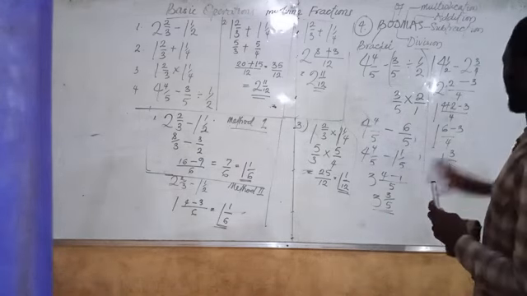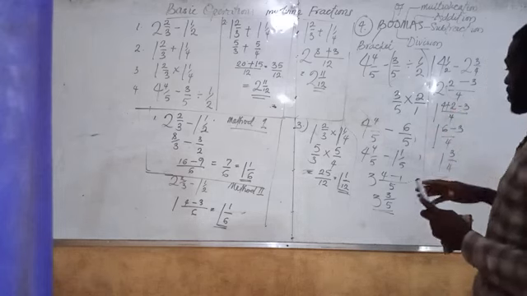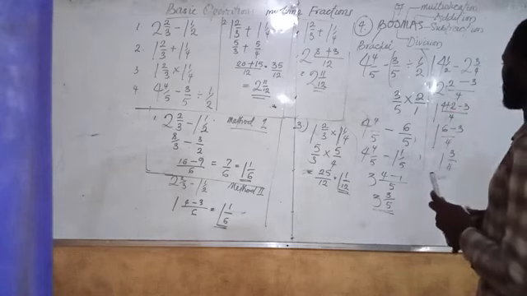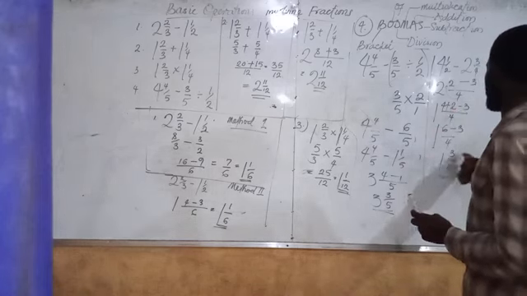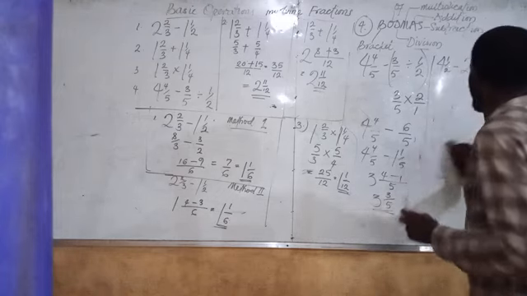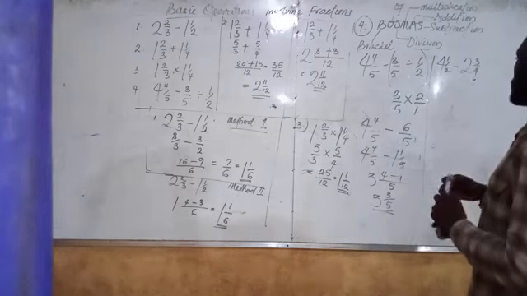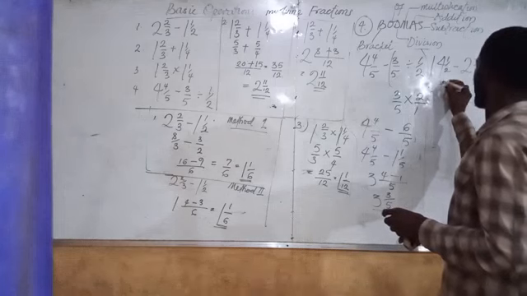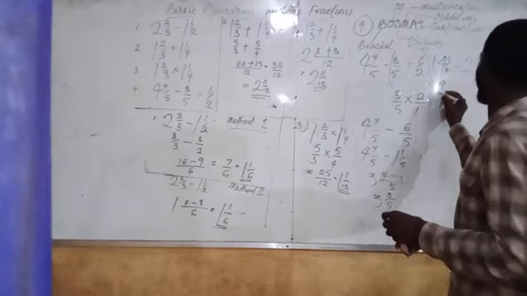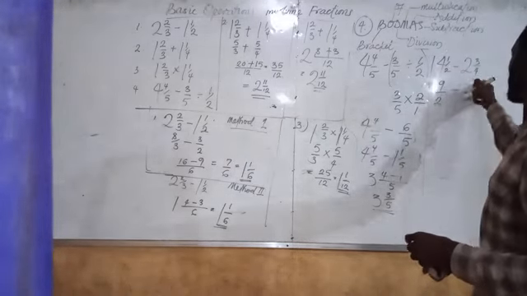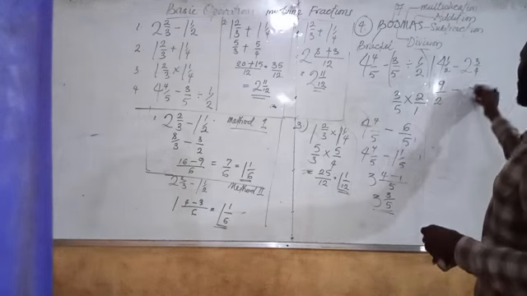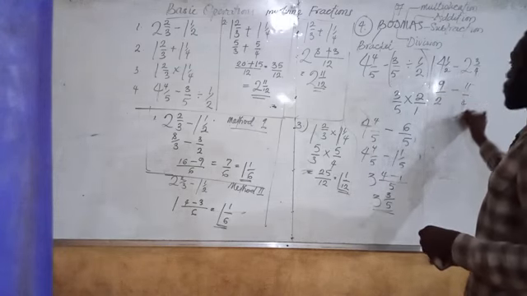But the easiest way to do this is simply to convert from the beginning. So if I convert here, I'm going to have 9 over 2 minus 2 by this plus this, I'm going to have 11 over 4.